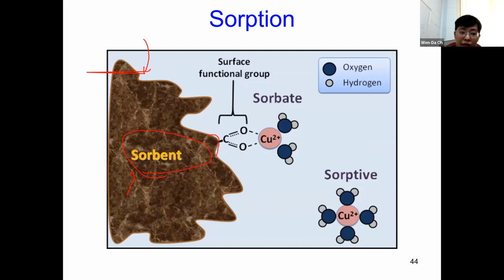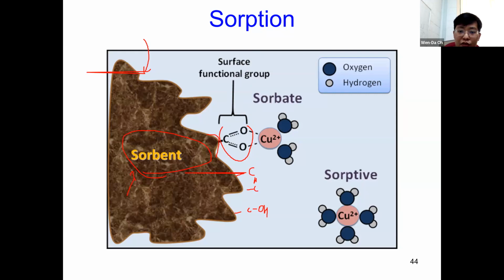This surface consists of functional groups. For instance, this one contains carbon bonded with these oxygen groups, right? This is like a carboxylic acid group, right? So the sorbent can have different functional groups, like maybe a carbon group. You can have carbon with an OH group, right? So this kind of functional group can actually act as active sites for adsorption to happen, right?